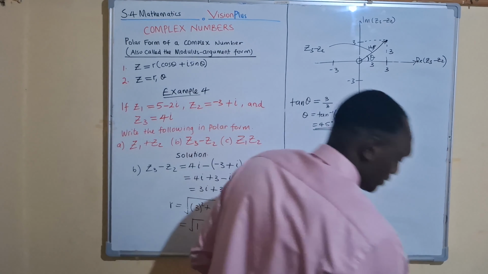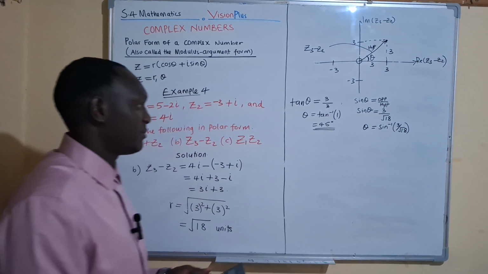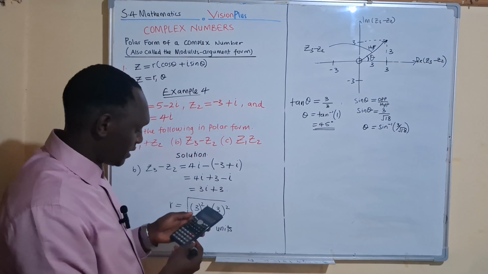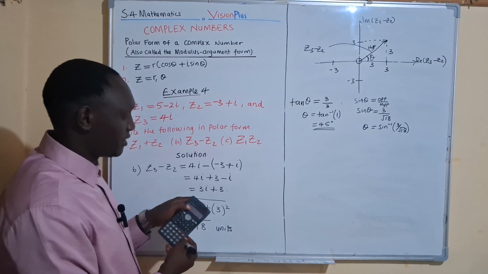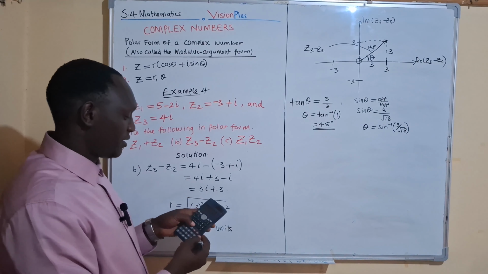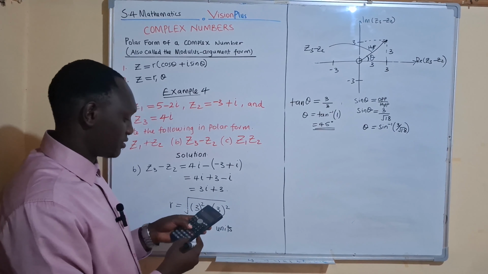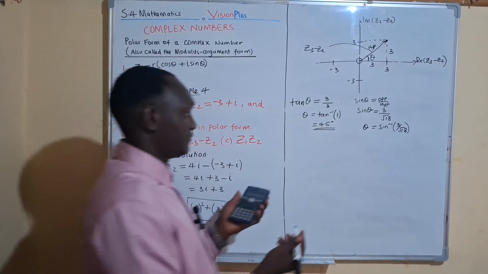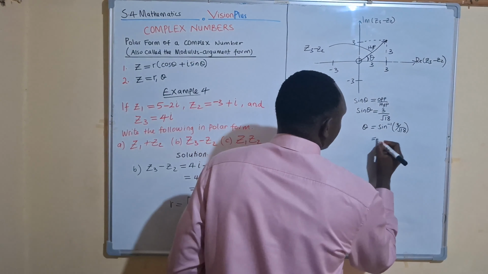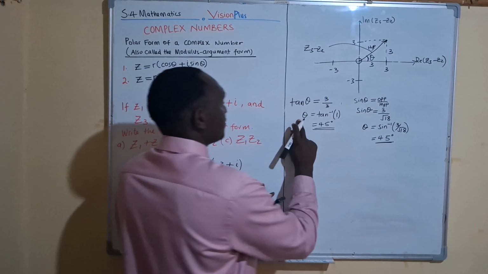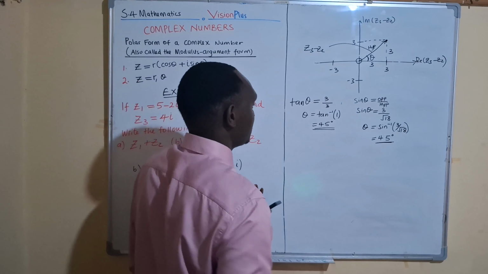Then you press your calculator and you expect to have the same answer of 45 degrees. Shift sine to give us sine inverse, then open the bracket, 3 divided by root of 18, close the bracket: 45. So if we're using sine, it is still giving us 45 degrees as the value of the argument theta.